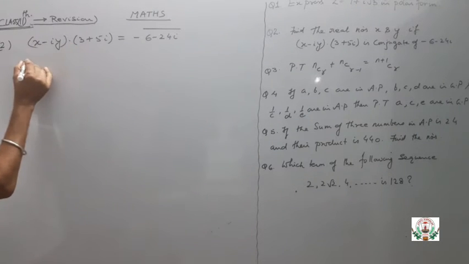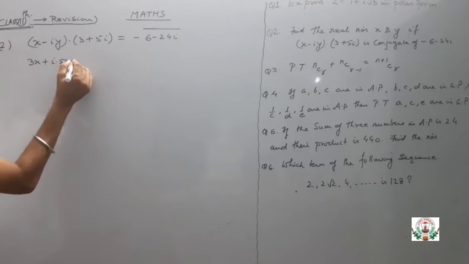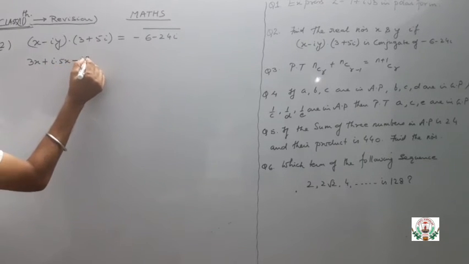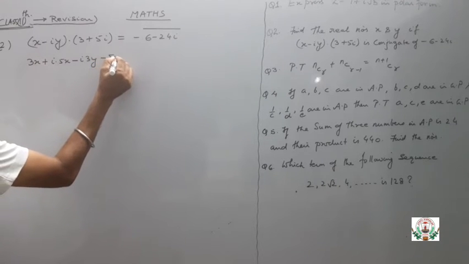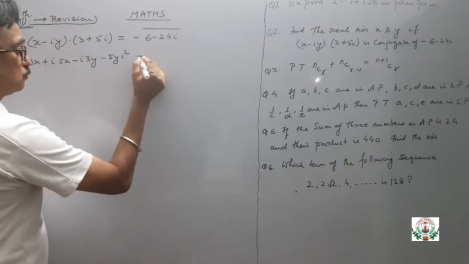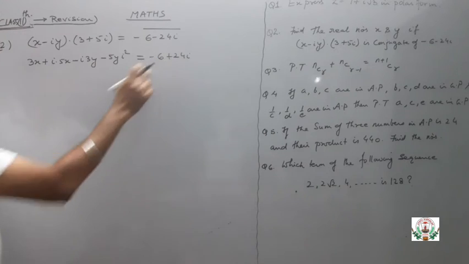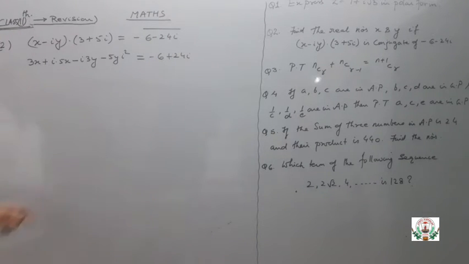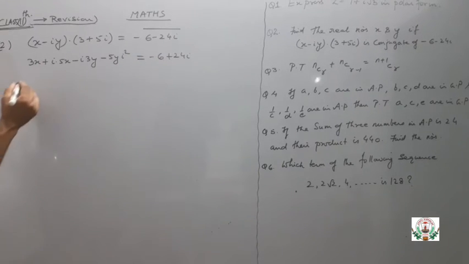So 3 into x, 3x, plus i into 5x, minus i into 3y, and minus 5y i square, equals the conjugate of this. We'll change the imaginary part sign. Only the imaginary part you have to change the sign, minus to plus, and the real number sign will remain as such.